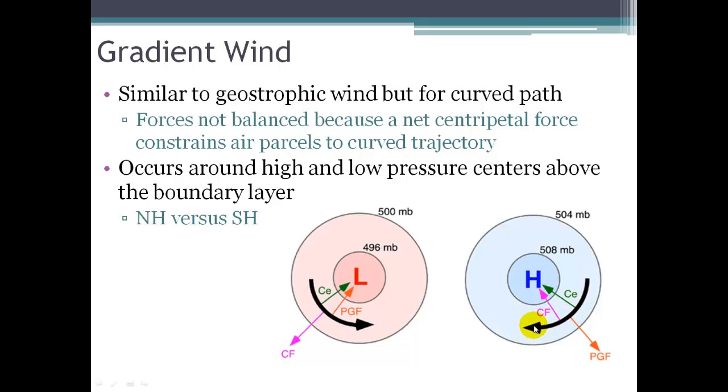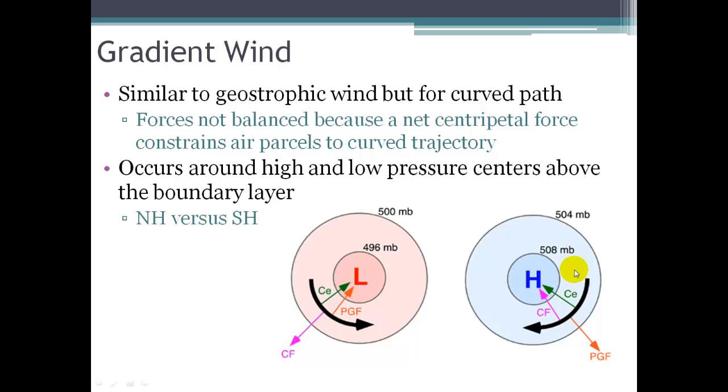And in addition, we have the centripetal force again, which is that inward acting force that wants to make curved flow. So the net effect in the northern hemisphere is that we're going to have, again, a gradient wind higher up in the atmosphere, no friction, that's parallel to the isobars and now is moving clockwise around this high pressure cell.